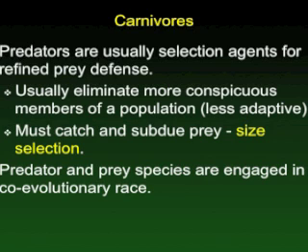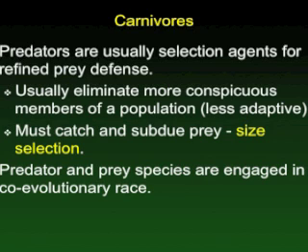a selection for these predator avoidance behaviors or chemicals or structures. And so there's this constant battle going on between predators and prey through the mechanisms associated with natural selection.